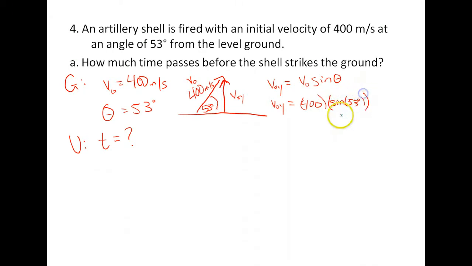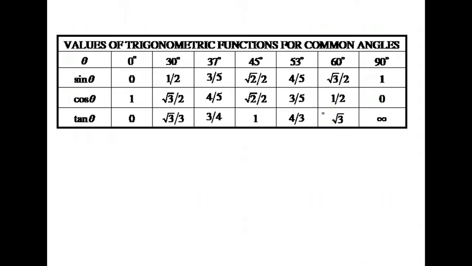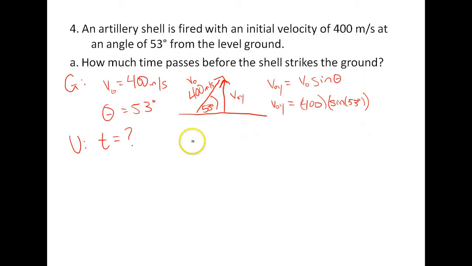Well, what is the sine of 53 degrees? Let's go take a look at that. Sine of 53 degrees is given to us right over here, and it is 4/5. So we can come back and look at that here.